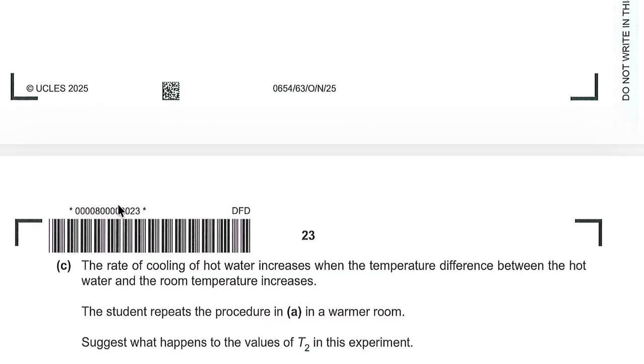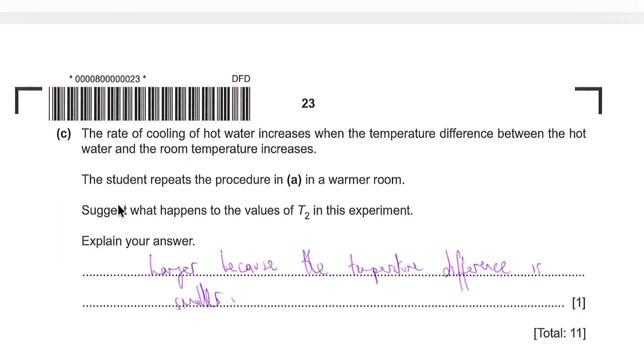Okay. All right, last one here. The rate of cooling of hot water increases when the temperature difference between the hot water and the room increases. We're going to repeat it in a warmer room. And we want to know what the value of T2 is in the experiment.